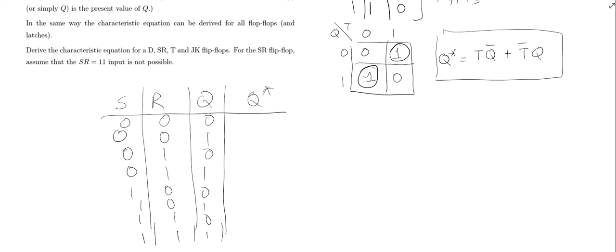Our circuit is designed in such a way that that's not possible. That means that our output for those are don't cares. We don't care because it doesn't bother us. It's not ever going to come up. And if you recall, when S and R were both 0, that meant no change. When R is 1 and S is 0, that was a reset, so this is a 0. When S is 1 and R is 0, that was a set, so this is 1.